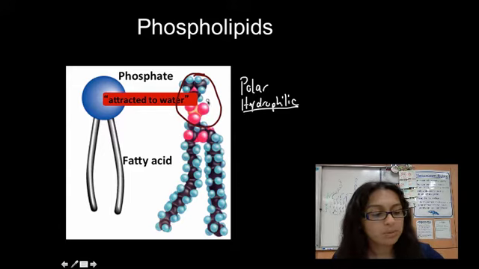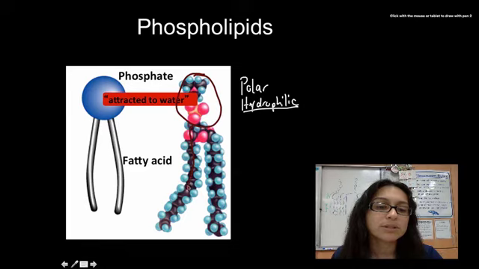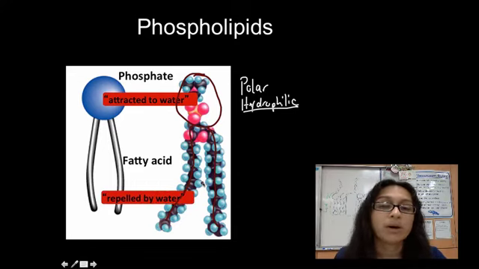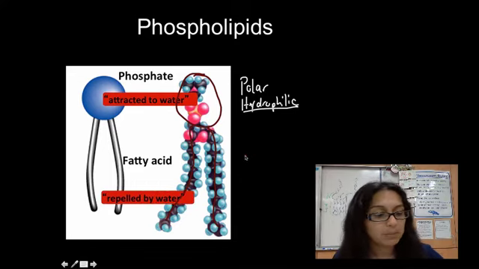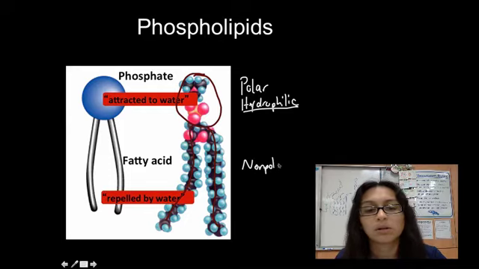That's what we see in a phospholipid. And then the fatty acid tails that are part of the phospholipids, coming down here, repel water. Things that repel water we call nonpolar, or hydrophobic.